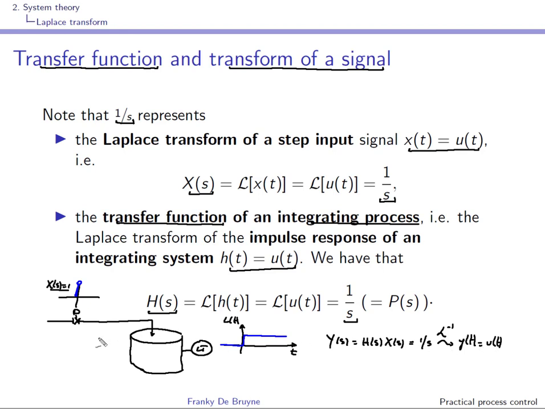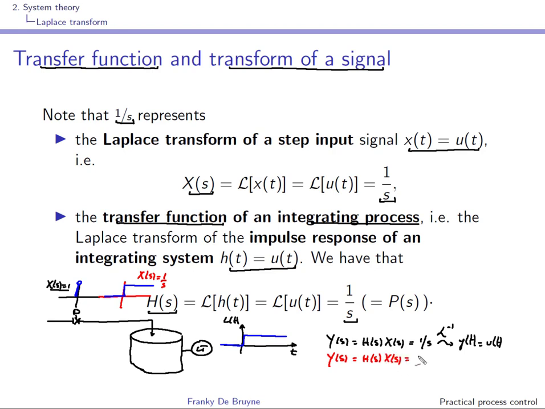Now what we can do is combine things. And what we'll do is put at the input a unit step. So now X(s) will be 1 over s. The transfer function is still the same, and what we'll have is Y(s) is H(s) X(s).